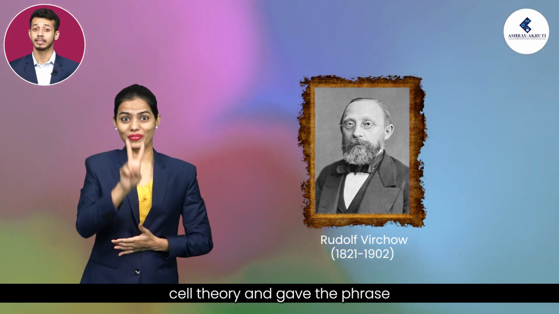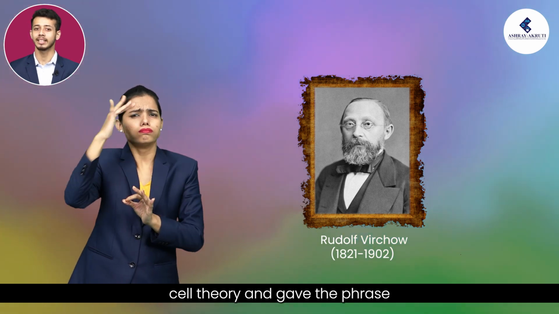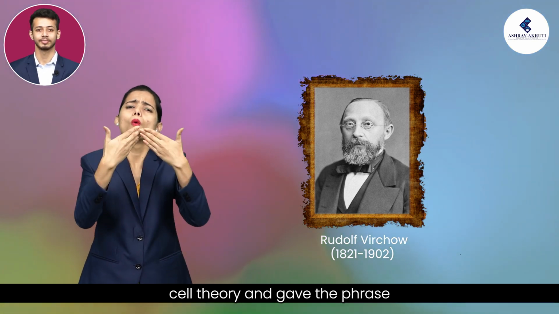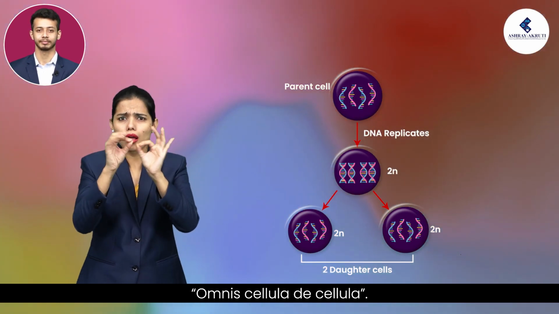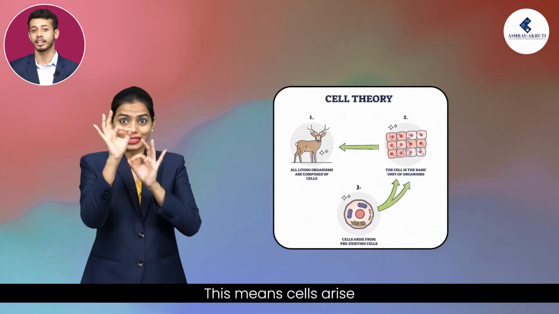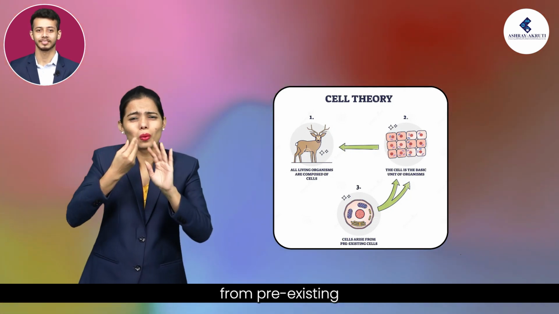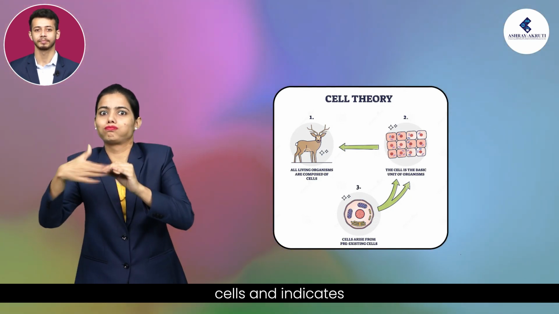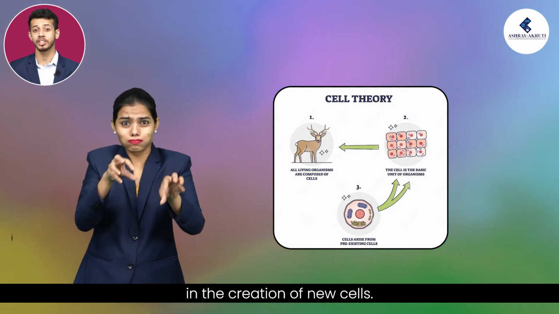Virchow proposed cell theory and gave the phrase omnis cellula e cellula. This means cells arise from pre-existing cells and indicates the importance of cell division in the creation of new cells.